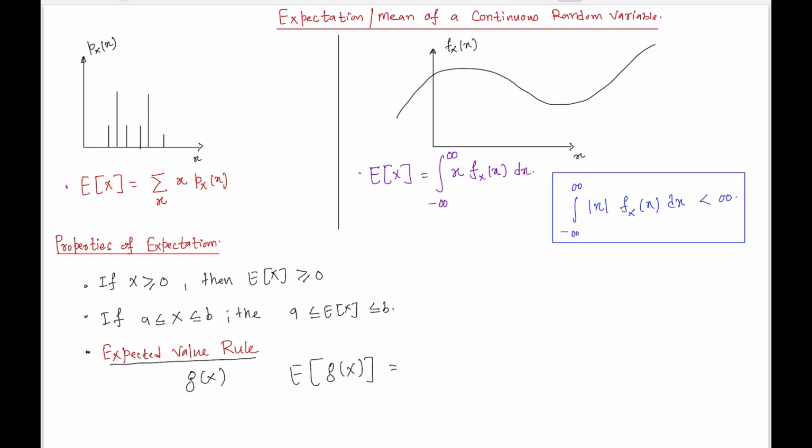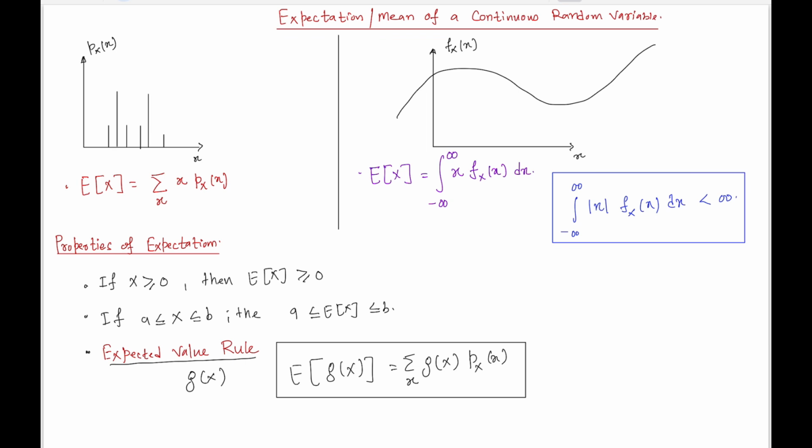The formula will be the same: whatever value it gives, times the corresponding probability, and we sum this term for all the possible values of x. This is what we have seen as the expected value rule in the discrete case, right?